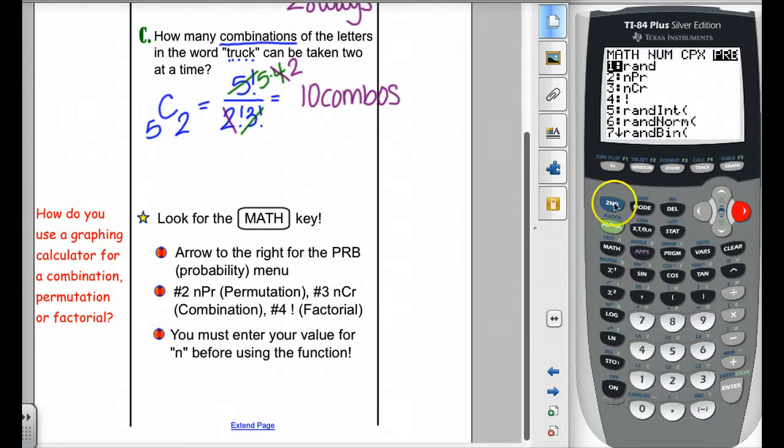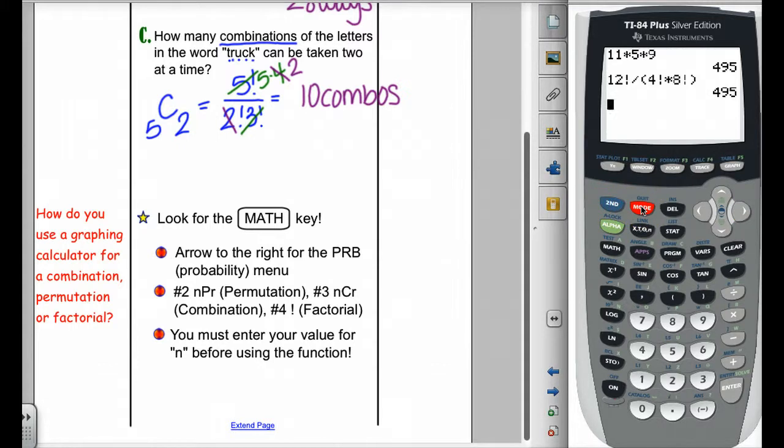If we take a look at an example, say we go back up to the truck problem. We have 5 items, and I go to the combination, which is the third option, and we're taking them 2 at a time, and it gives me 10 for an answer. So remember that you must enter your value for n before finding the nCr or nPr in the calculator, because otherwise it doesn't interpret the n value.